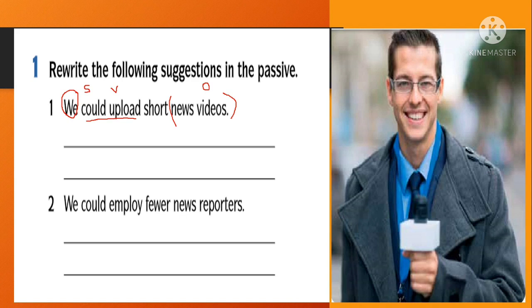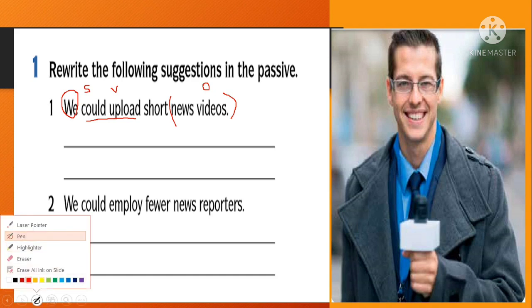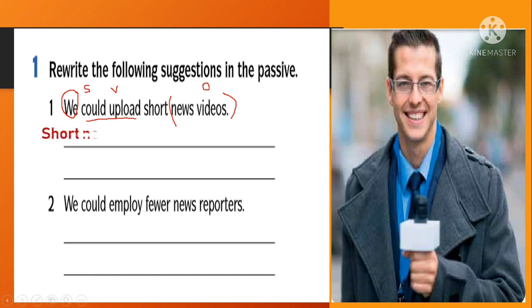Okay, so I'm going to share with you the first answer, how you could rewrite the suggestion in the passive. Okay, the answer would be right there. You can see: short news videos could be uploaded.